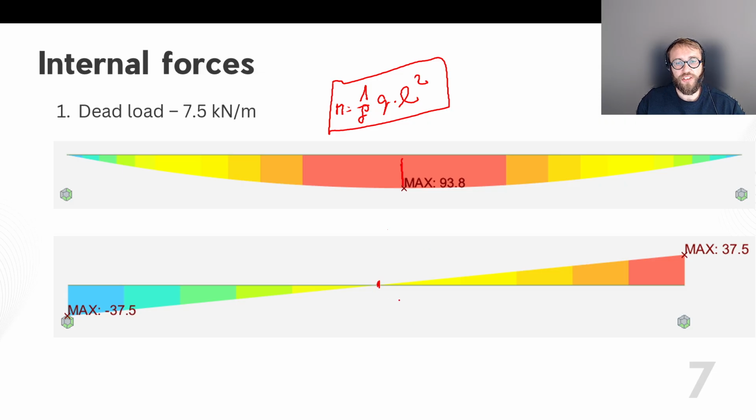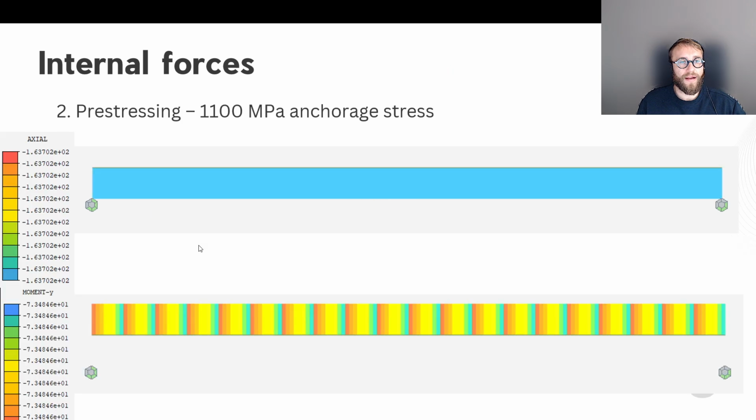As you can see, the shear in the bottom is basically zero, and for the prestressing, there is some axial normal force, and the normal force, as you can see, is minus 164 kilonewton.